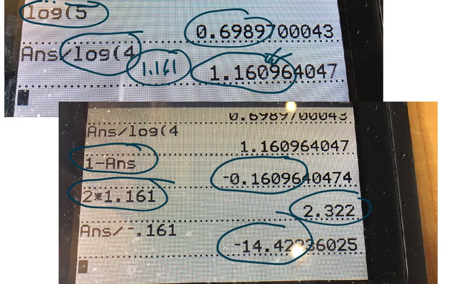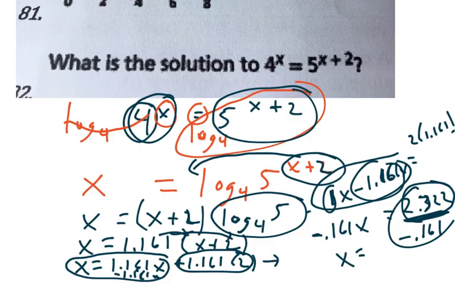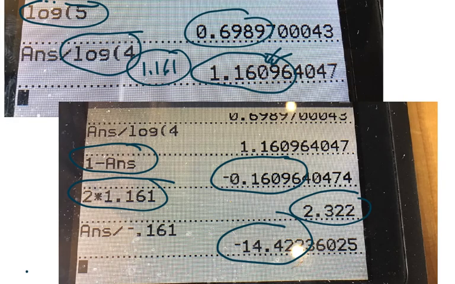So maybe you need to watch this video more than once, especially with my small writing and work here. It may take a few tries for you to truly understand what I did. And again, study my calculator work here. Okay, guys? But that's our answer, negative 14.422. And we're just going to go with that.